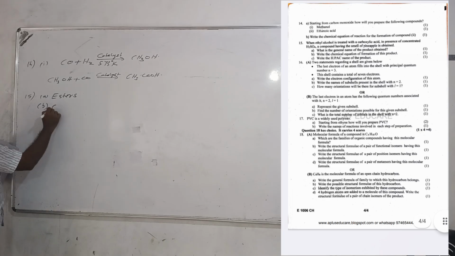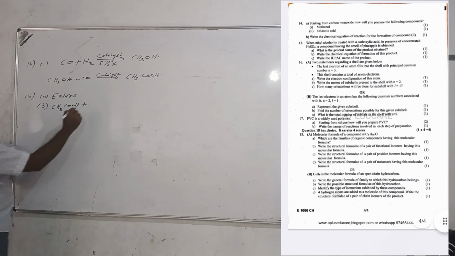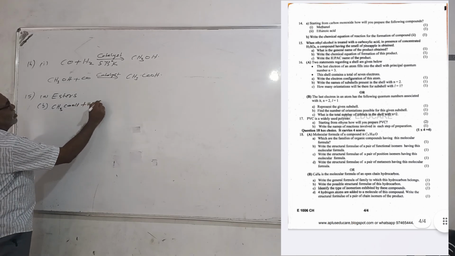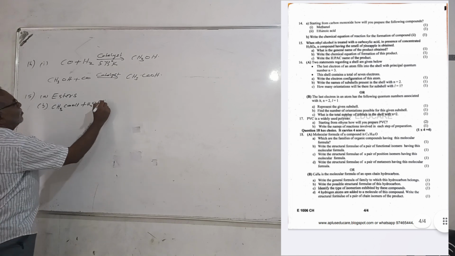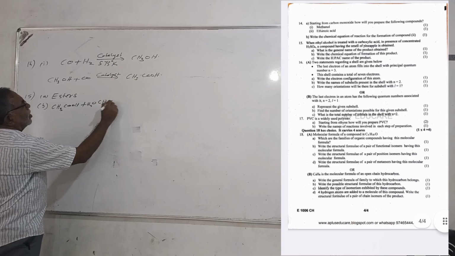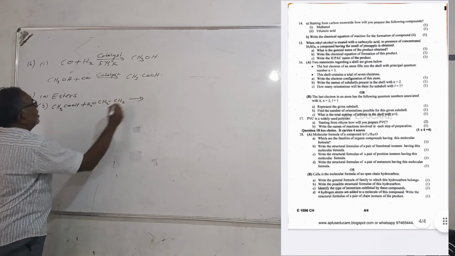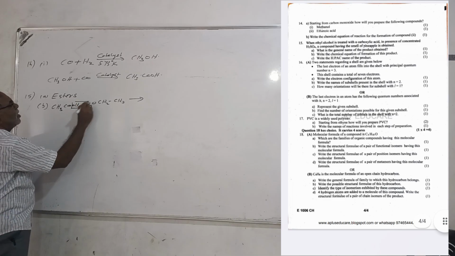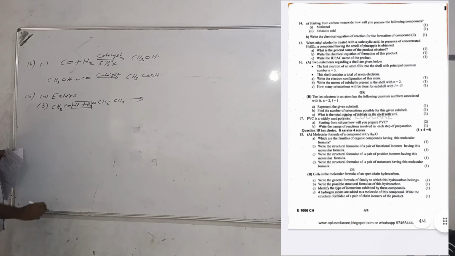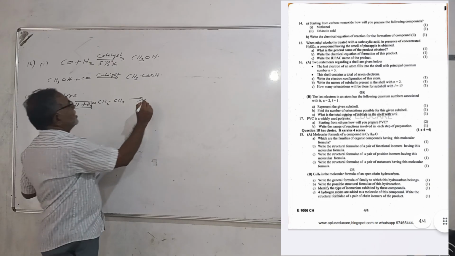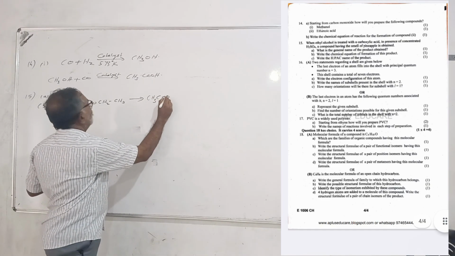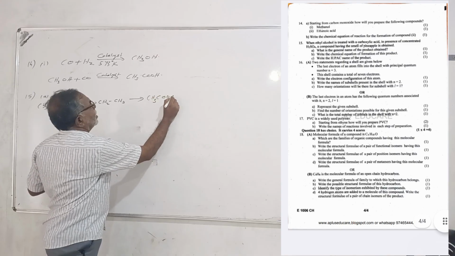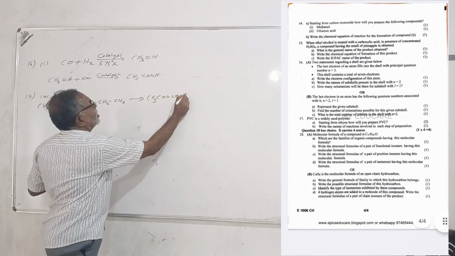Ethanoic acid, CH3COOH, plus alcohol, ethanol, CH3CH2OH. One molecule of water is removed and you get the product CH3COOCH2CH3.